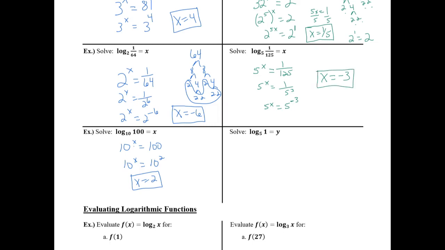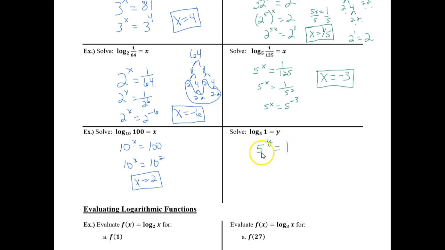Now this last one. Log base 5 of 1 equals y. Start with the base. Base is 5. Logs equal exponents, and that will equal what we took the log of, which is 1. Now this one's the trickiest one, because this has a base 5, and this is just plain old 1.